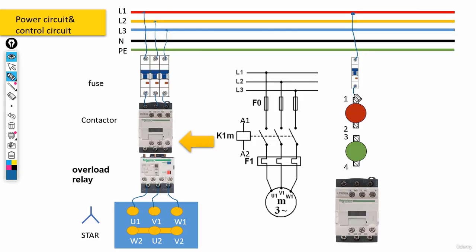And then, fuse would be connected to the stop push button. And stop push button would be connected to start push button. Now, start push button would be connected to A1 terminal in the contactor. And as always, the A2 terminal in the contactor would be connected to the null.